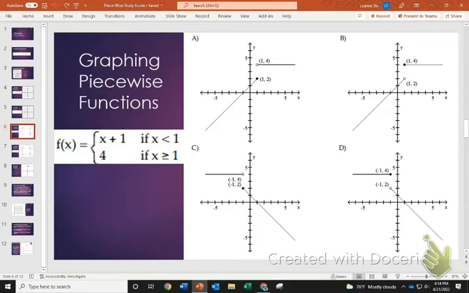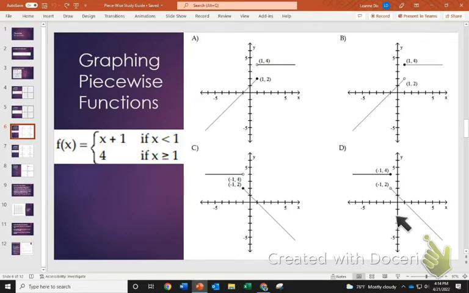The first one is: is our information on the correct constraint number? My constraint number is 1, so if I come over here, I can ask, is where I cut my lines on 1? On letter A, it is. Over here on letter B, it is.